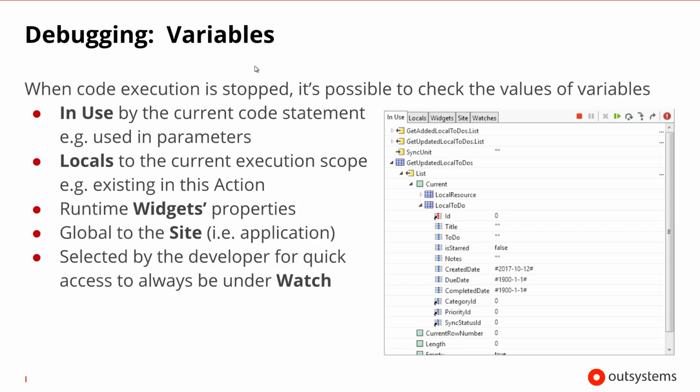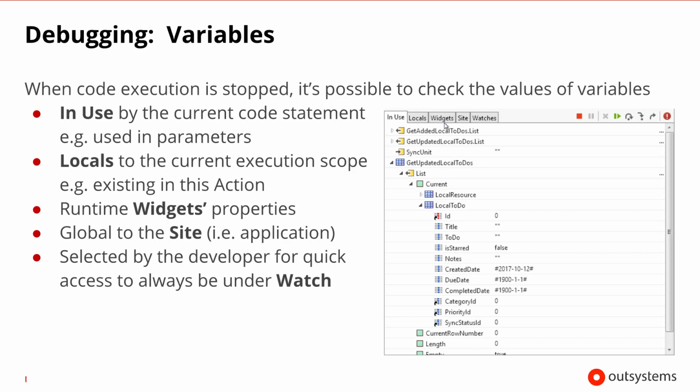While we're controlling that experience, we wish to be able to see the variables and the values of what's occurring in our code. So when code execution is stopped, we can check the values of variables, and there are a number of different ways we can do that. We can look at all of the variables currently in use. We could just look at the current local variables that are executing in the scope of a piece of code.